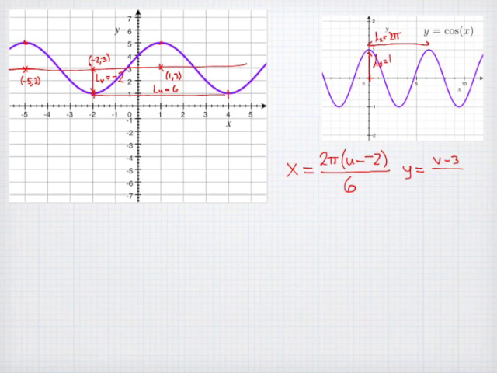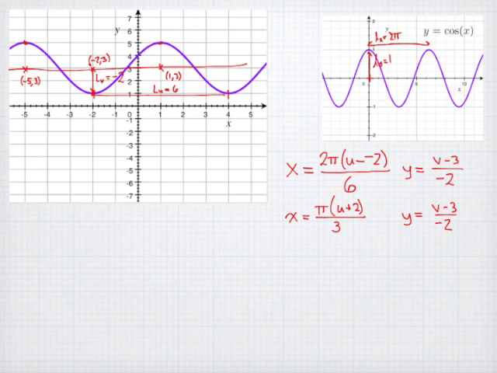The amplitude of this graph from the center line to the peak is 2. Oh, but we've reflected it, so I need to be -2. Okay, so let's simplify these out. Notice that I could simplify that 2 pi over 6 to be pi over 3, and u minus -2 is u plus 2. And let's write this as v minus 3 over -2.